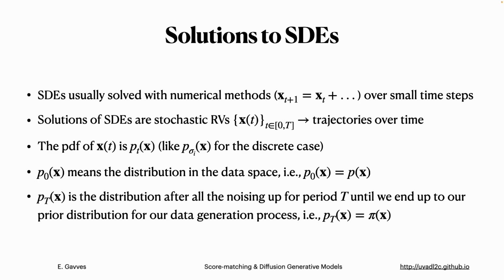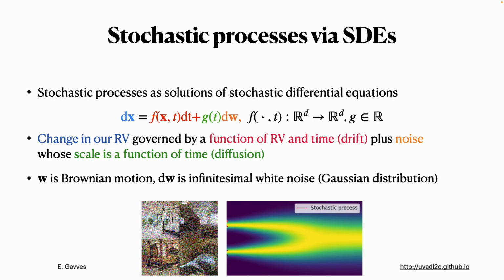Solution means literally computing the value x for every time step. So these solutions are random variables themselves, because they take different values every time you run them. And they form trajectories over time. So these are the trajectories that you've got here. Correct?